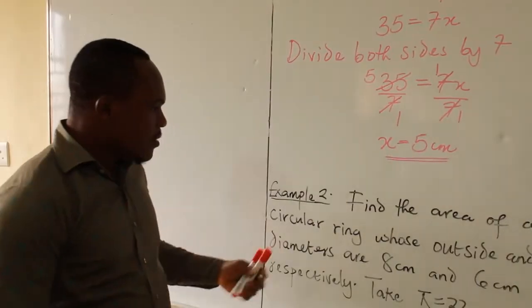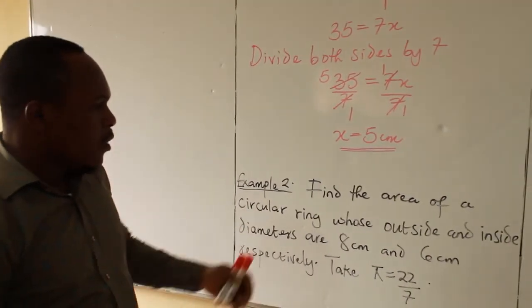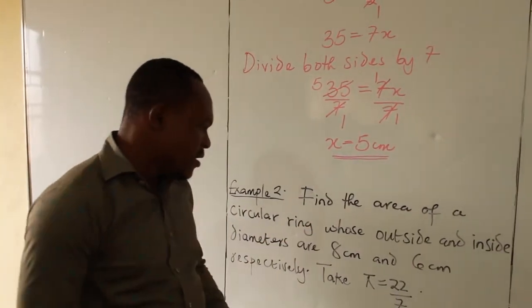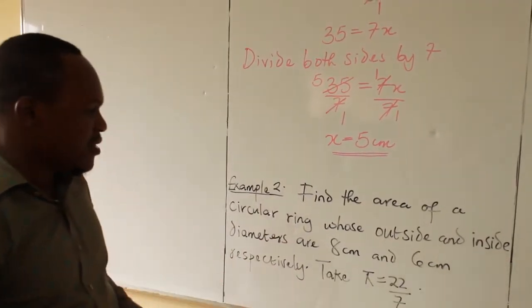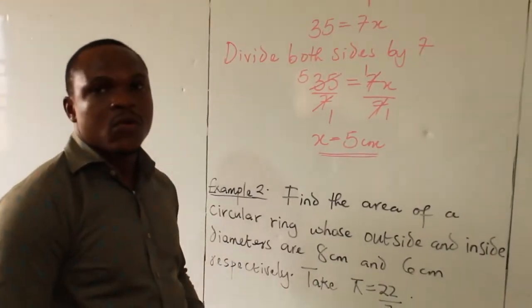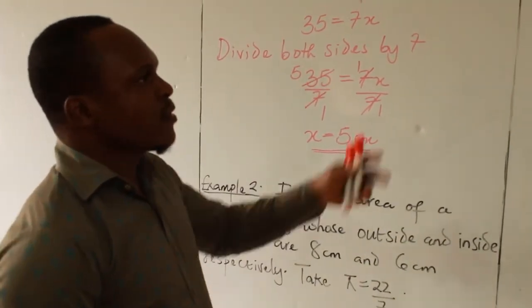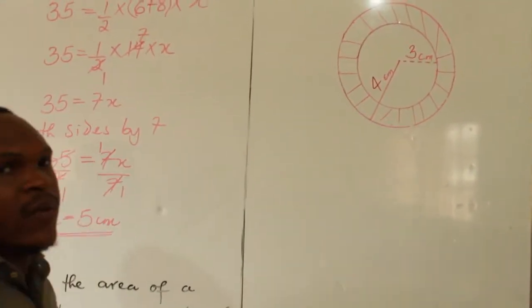We'll move on. Example 2 says, find the area of a circular ring whose outside and inside diameters are 8 centimeters and 6 centimeters respectively. Take pi as equal to 22 over 7. As you come over here, you see a diagram depicting the circular ring we are talking about.